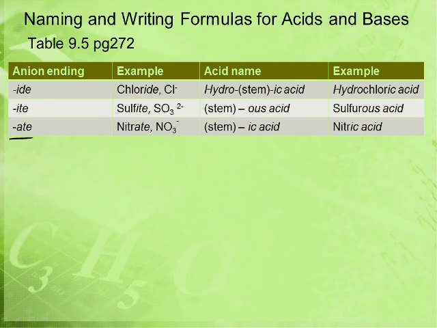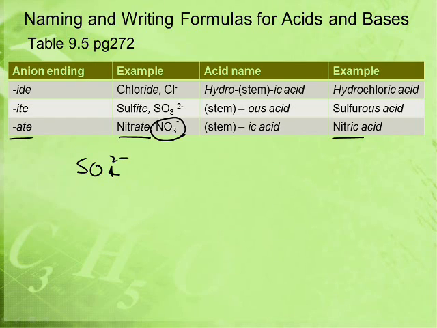Now let's look at the ate ending. If you start off with NO3 minus, that's a nitrate. That means we're going to change that ate to an ic. So it's going to be nitric acid. HNO3 is nitric acid compared with HNO2, which is nitrous acid.